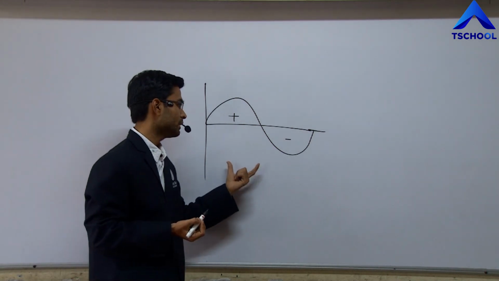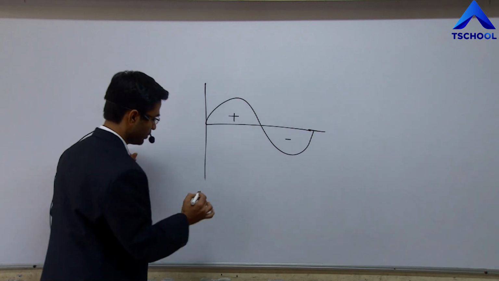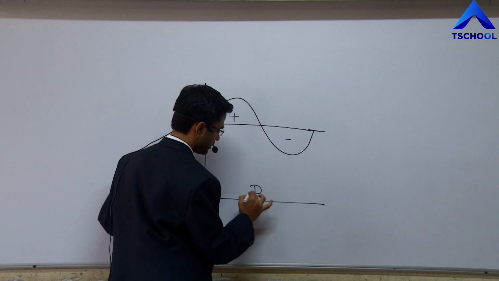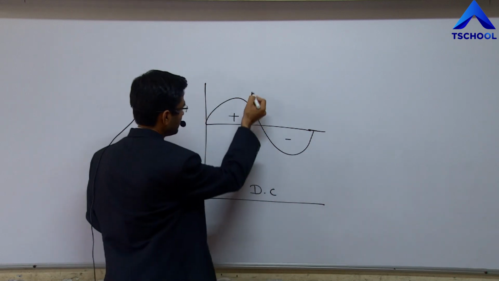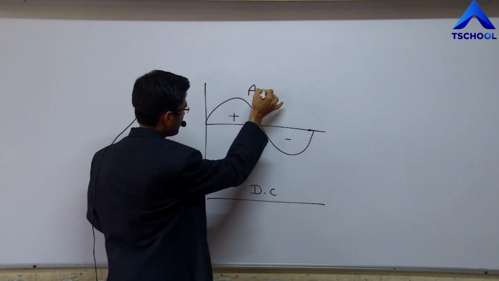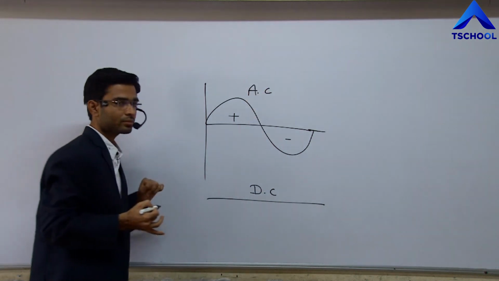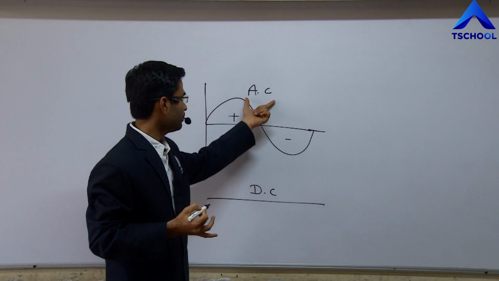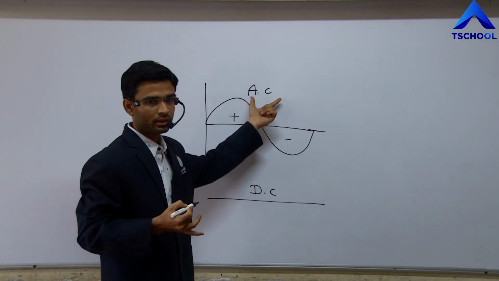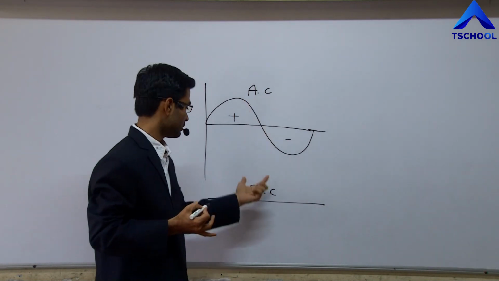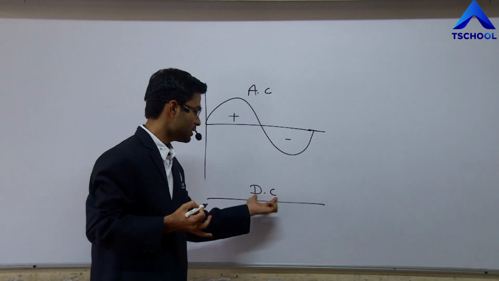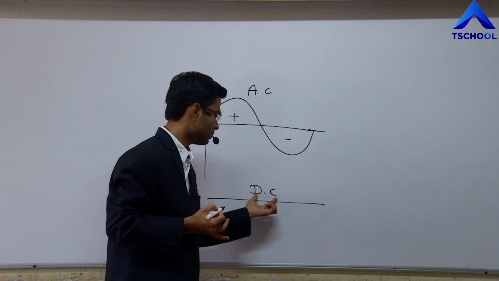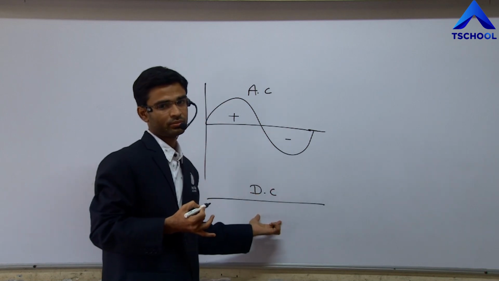We require direct current, meaning DC current, and the other is AC current, meaning alternating current. The government provides current in our home in the form of alternating current. But for charging the cell phone battery, we require DC current, direct current.